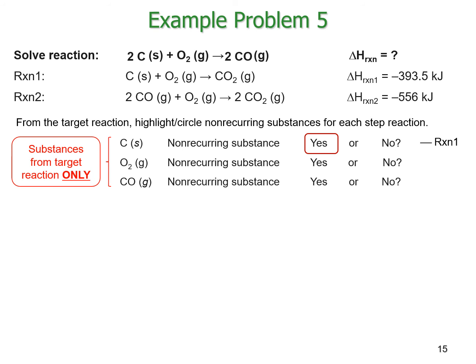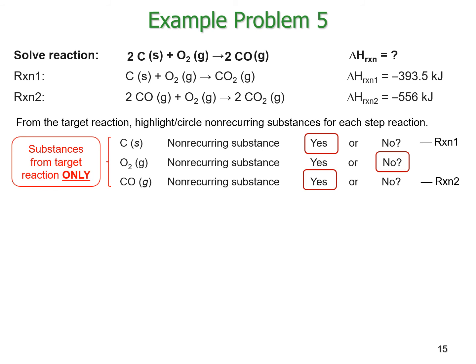What about O2? I see O2 in both step reactions, so it doesn't qualify as non-recurring substance. CO. How many times do I see CO in both of step reactions? Only once in reaction 2 because I do not see CO anywhere in the reaction 1. So I'm going to make carbon monoxide as non-recurring substance for second reaction.